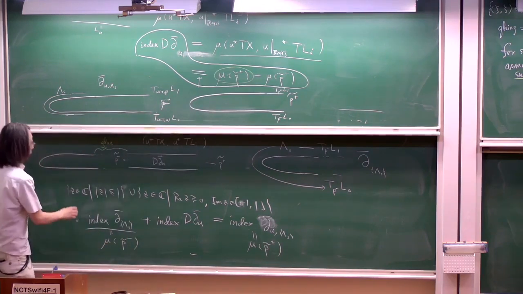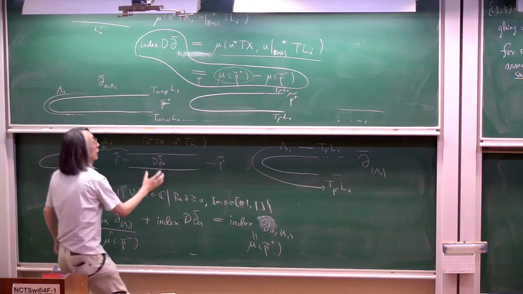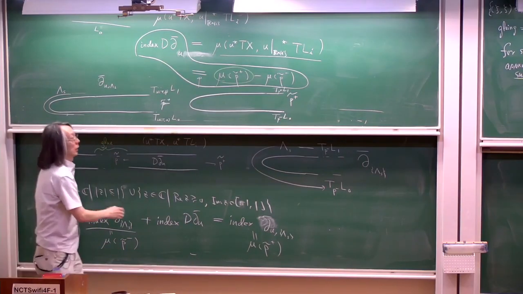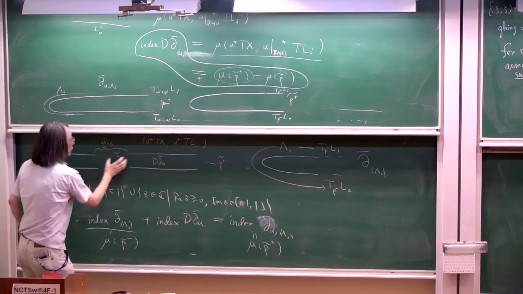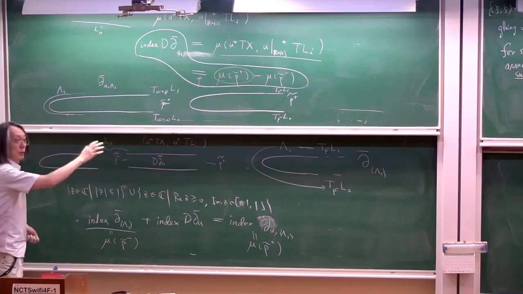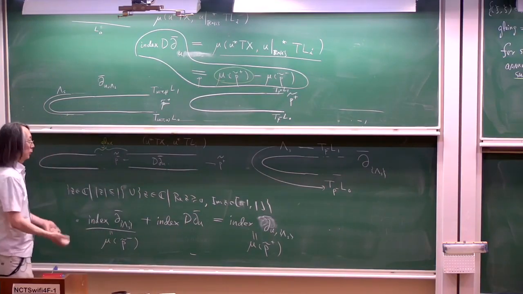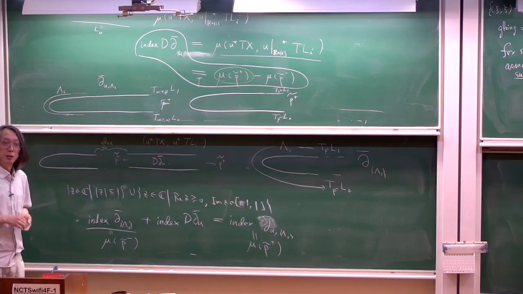So now I have an index here. If you sum them up, I have this. Now I have one fixed orientation and another fixed orientation. Therefore, we can say whether the sum of the index gives the same orientation or not. If it's the same, we count it plus 1. If it's not, it's minus 1. So this is the way to give signs.